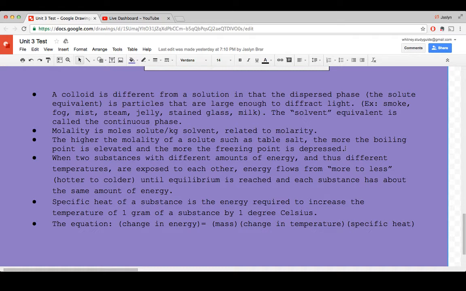So it has to be colder for salt water to freeze, and it has to be hotter for salt water to boil. So that's my answer to that question. And yeah, BPE stands for boiling point elevation, while FPD stands for freezing point depression.